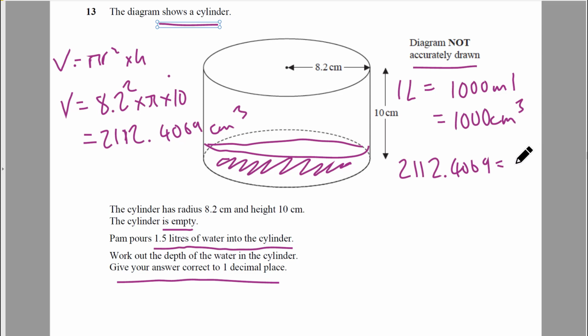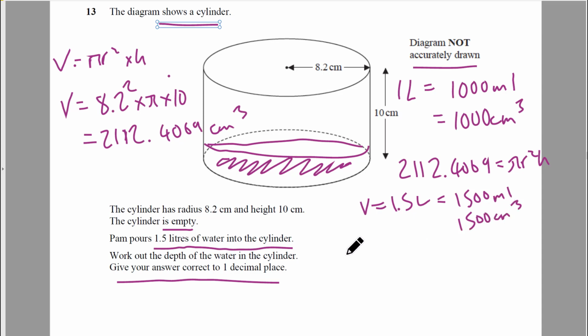Now it's going to equal pi r squared h. Now we've got a volume of 1.5 litres, which is 1,500 millilitres, which is going to be 1,500 centimetres cubed.